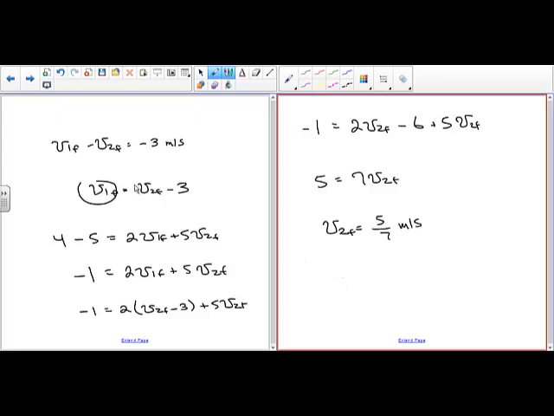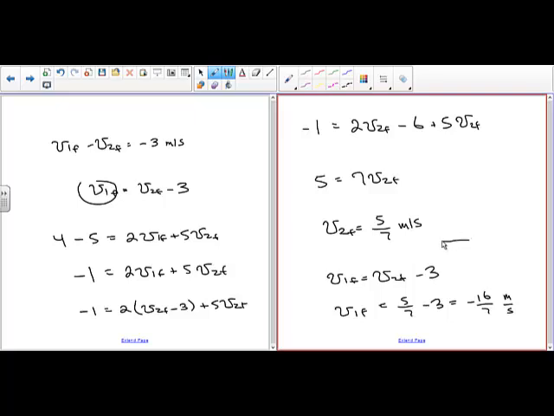And then you can go back to this substitution to find V1 final. So it's equal to V2 final minus 3. So V2 final is 5/7 minus 3. So that's 21/7. 21 minus 5 is 16. So it's negative 16/7 meters per second. So that's V1 final.